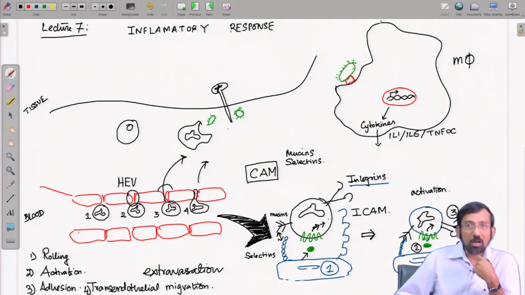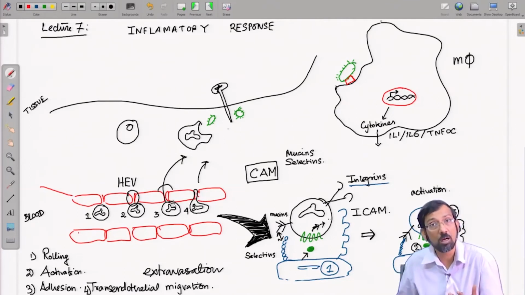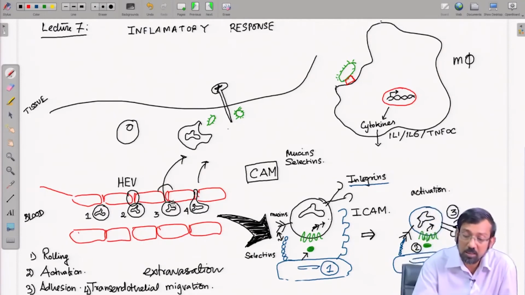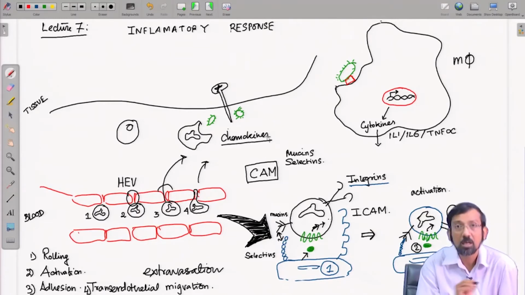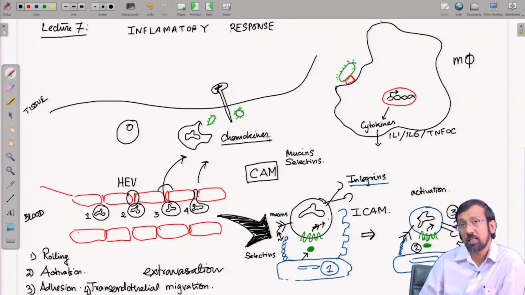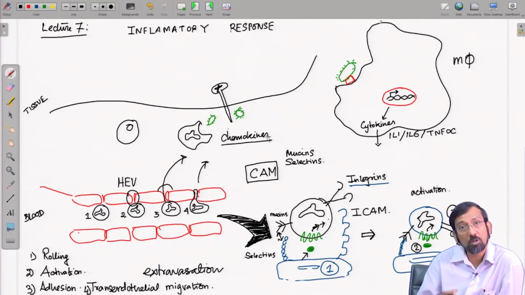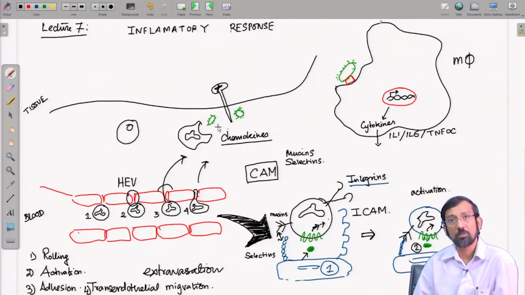So, now there are more other chemoattractants in this tissue, in this region. There are also chemokines, of course, and other than chemokines, there are other chemoattractants as well that attract these neutrophils or the other cells of the immune system to go to this site of action.